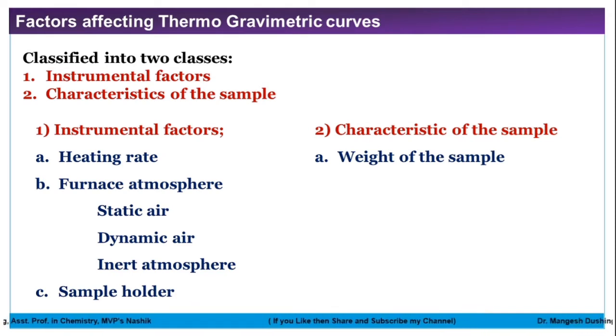This observation is made when calcium oxalate is decomposed to give calcium carbonate with evolution of carbon monoxide. So the weight of the sample also matters in obtaining the thermogravimetric curve.